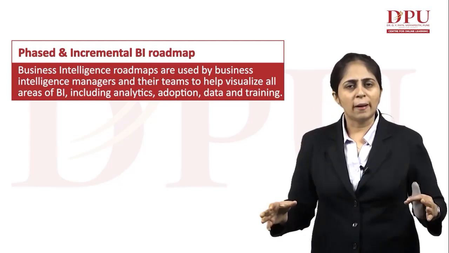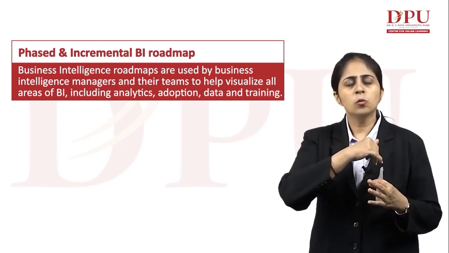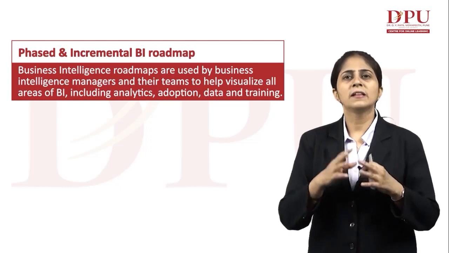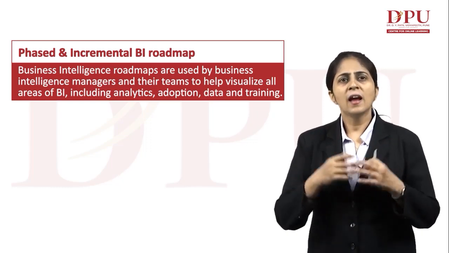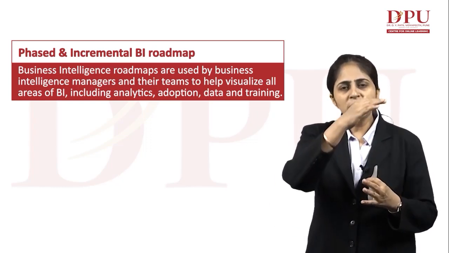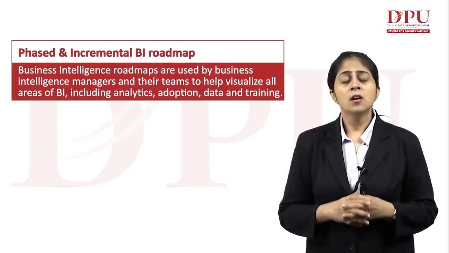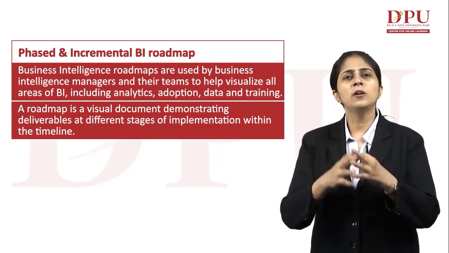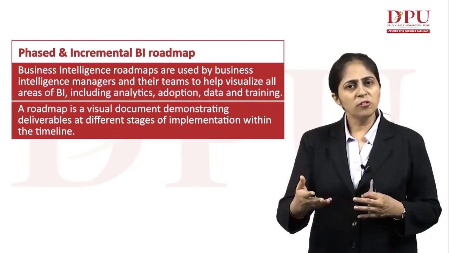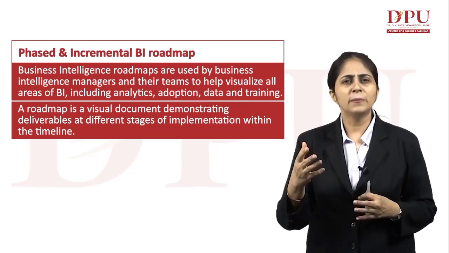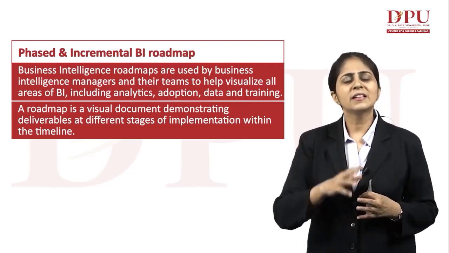So this roadmap, if we talk about, if you want to see what is the roadmap, so these roadmaps are used by the business intelligence managers and their teams to help visualize all these areas of the business intelligence. A roadmap is a visual document demonstrating the deliverables at different stages of implementing within the timeline.